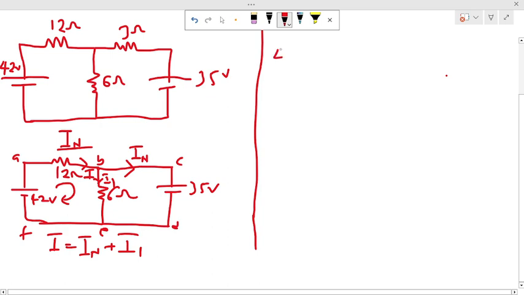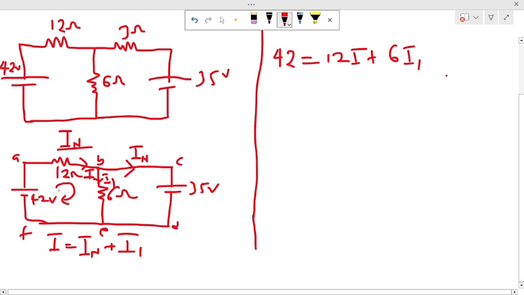So we have positive 42, which will be equal to, now we know that Kirchhoff's voltage law states that the summation of all the voltage sources should be equal to the potential drop or the voltage drop across all the resistors. So 12 ohm multiplied by I, then 6 ohm multiplied by I1 plus 6 ohm multiplied by I1.